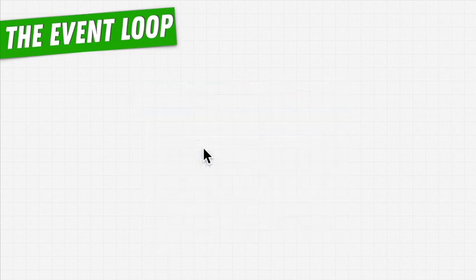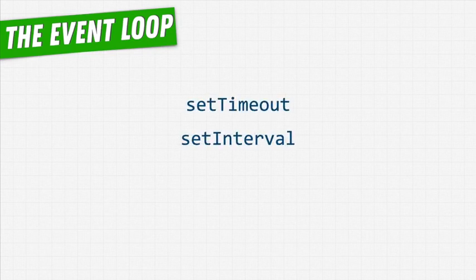There's 3 types of timers that we have in Node. You might have seen some of these. We have setTimeout, we have setInterval, and we have setImmediate.